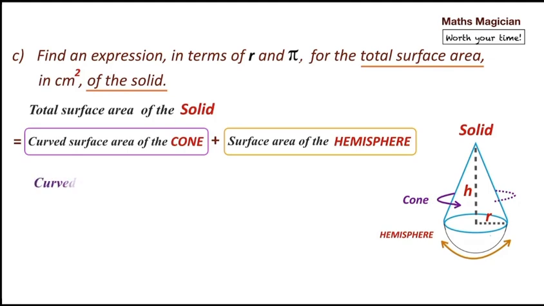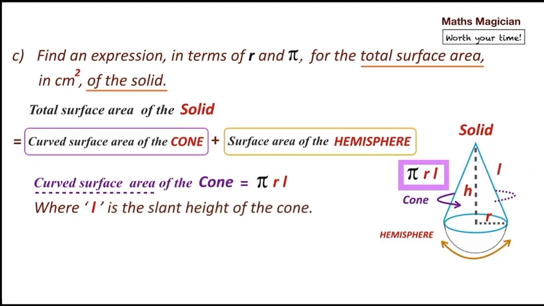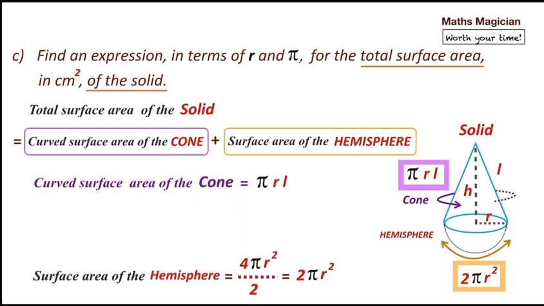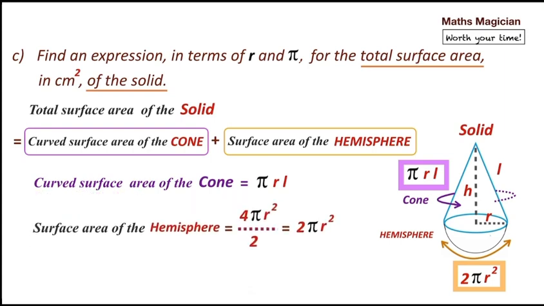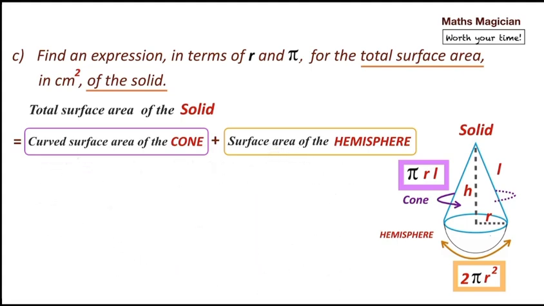In this question, we are given that the curved surface area of the cone is equal to pi r L, where L is the slant height of the cone. And it is also given that the surface area of a sphere is 4 pi r square. But we have a hemisphere, and the surface area of a hemisphere is 2 pi r square. Now let's put values.